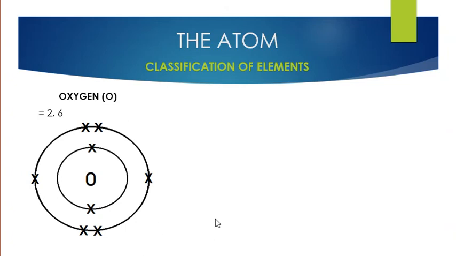Now, you can remember that we said nonmetals are elements that form what? Negative ions by gaining electrons. So if a metal and a nonmetal were to be joined, the metal would give its electrons in the outermost shell to the nonmetal.